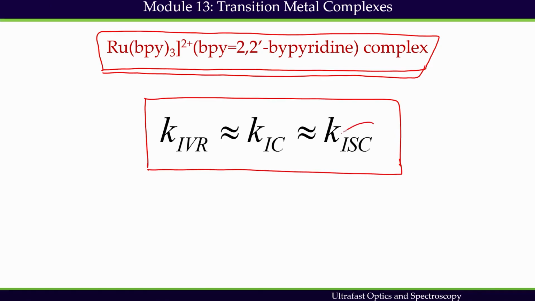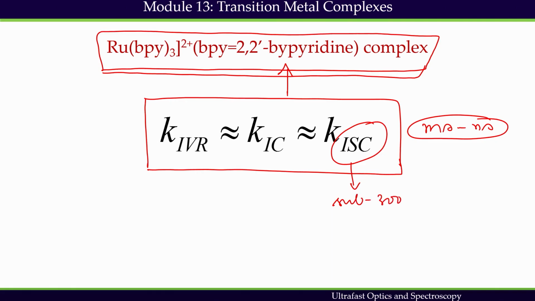In particular, ISC, which is assumed to occur mostly on the millisecond to nanosecond time scale, in this complex occurs in sub 300 femtoseconds, and this is the biggest surprise one can have, and it breaks down the traditional picture of photochemistry.